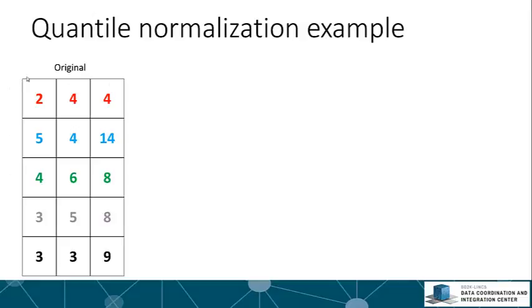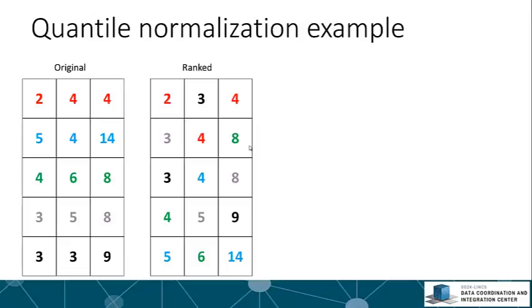You might like to think of each of these three columns as being a microarray sample, and each row as corresponding to a gene, and each element is the expression of a given gene in a given sample. Under the quantile normalization scheme, our first step is to rank the data.